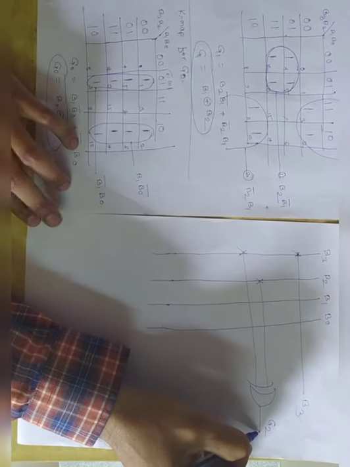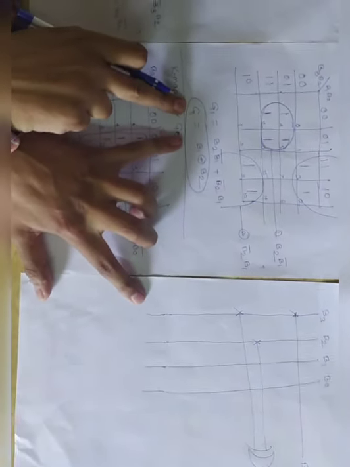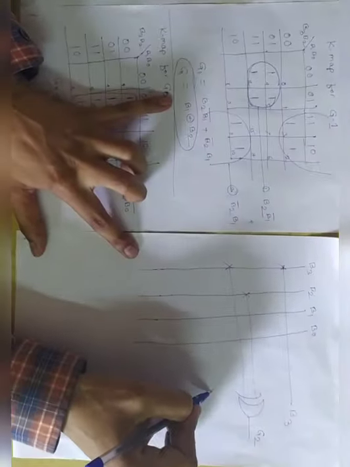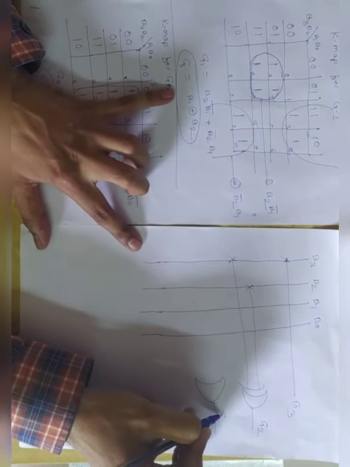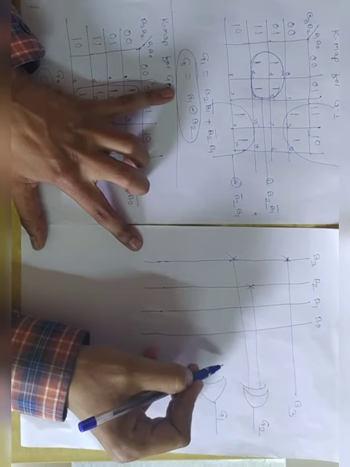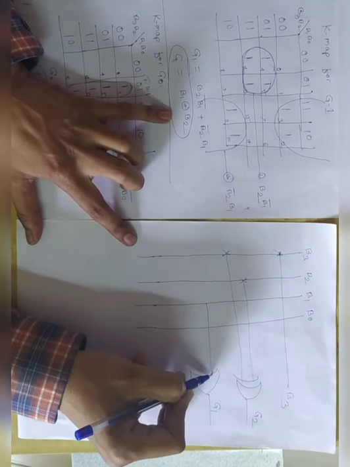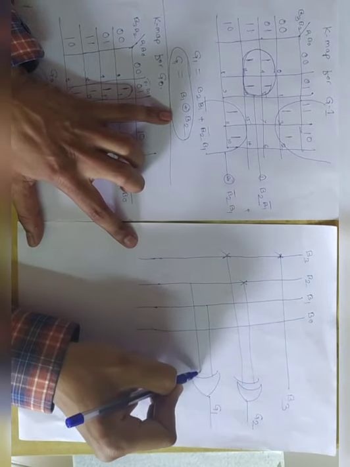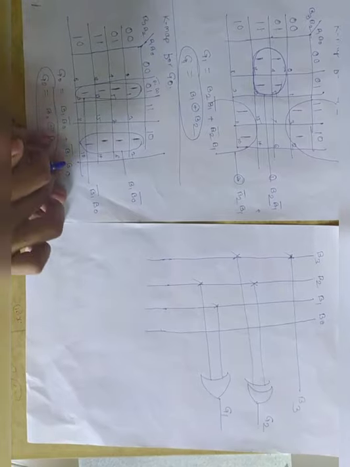So this is for G2. Now for G1 you can see here B1 XOR with B2. This is my G1. Okay. Now B1, where is B1? Now I can select the B1 from here with XOR with the B2, from here. Right here.